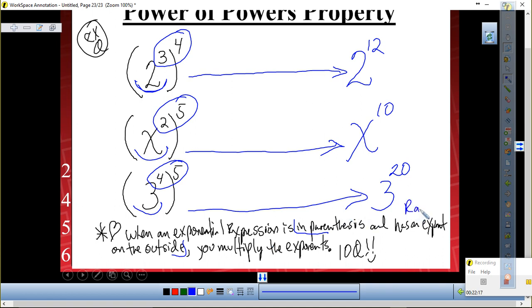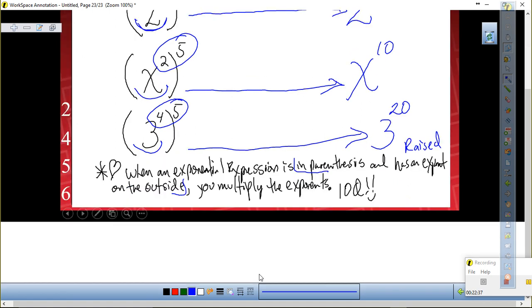Write it above that: raised. So that's what we call when an exponential expression is raised. And you multiply the exponents. Okay, we got it? Fairly simple? Let's try it out.